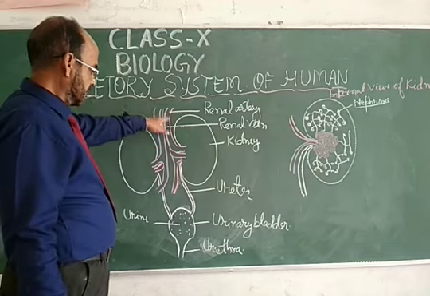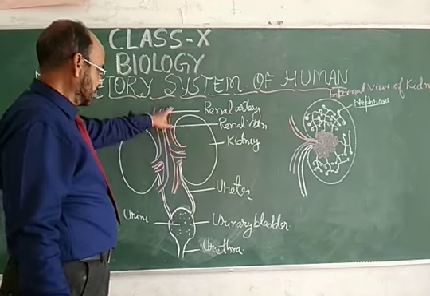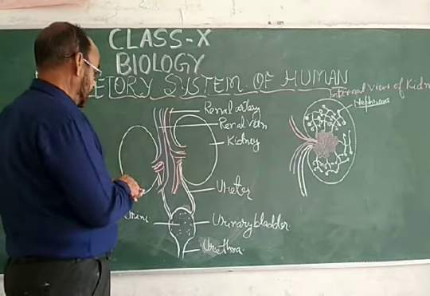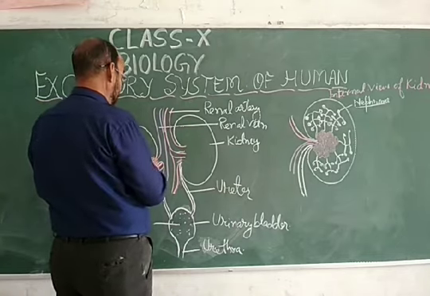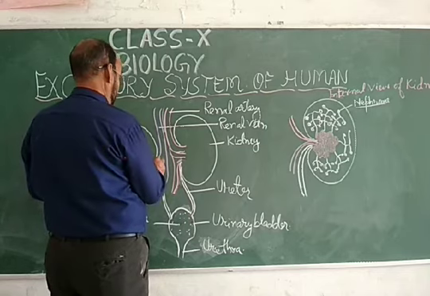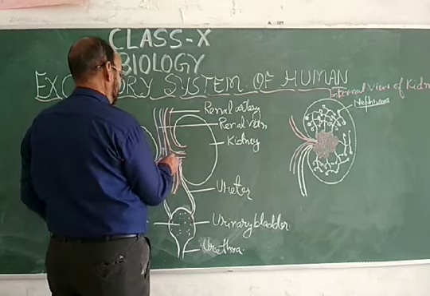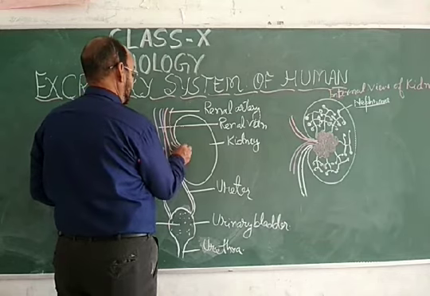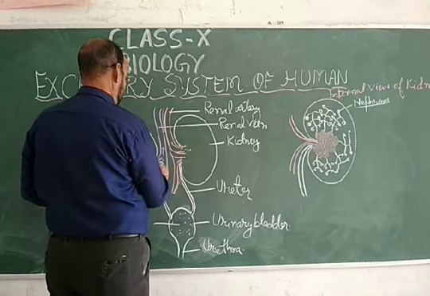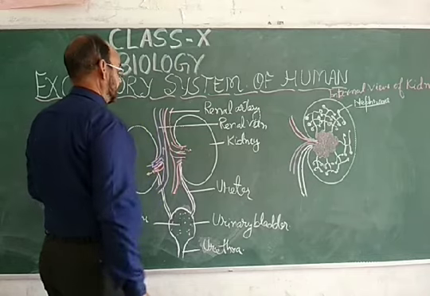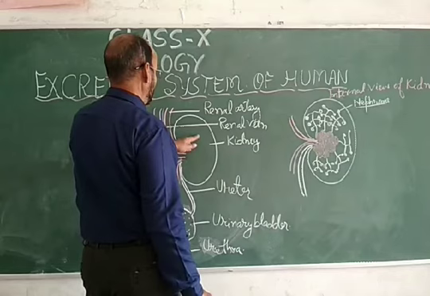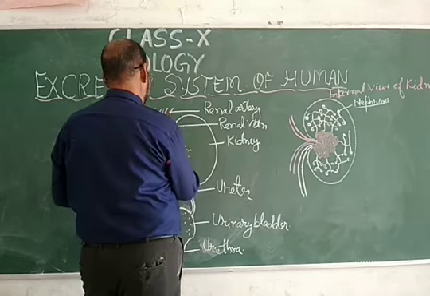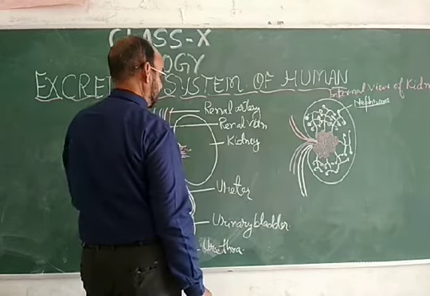Oxygenated blood comes into the kidney through the renal artery, and deoxygenated blood goes out through the renal vein. The renal artery supplies oxygenated blood into the kidney, while the renal vein collects the deoxygenated blood from the kidney, going to the lungs for the oxygenation of blood.